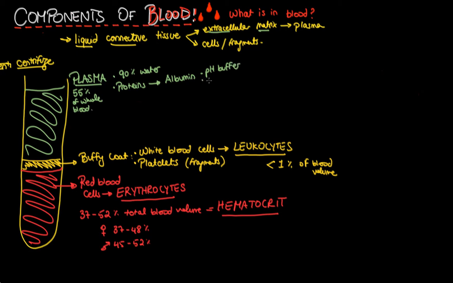It also contributes to what we call oncotic pressure, also known as colloid osmotic pressure. Okay, and so this is basically a pull of water, which we will be discussing later on in the blood vessels chapter, and how we can maintain blood pressure, because albumin is a very important component in maintaining blood pressure.